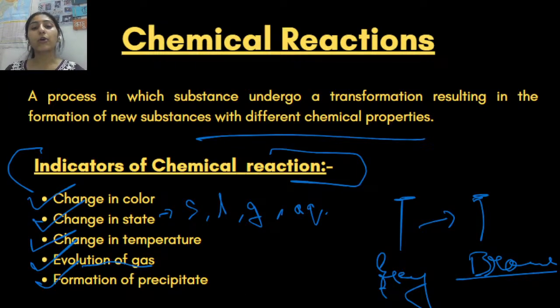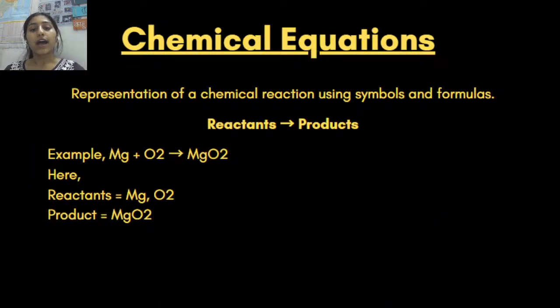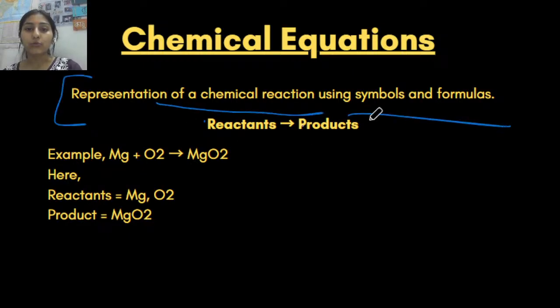So this was it about chemical reactions. And now moving to our next topic, that is chemical equations, right? So what is a chemical equation? We can represent a chemical reaction using symbols and formulas, and that particular reaction that we have written down with the help of symbols or formulas will be regarded as a chemical equation.